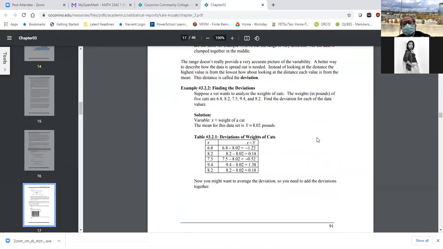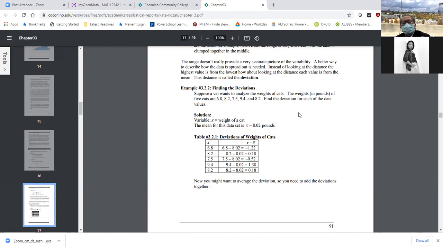And now how to find the deviation. Okay. Deviation is the distance of its value from the mean.